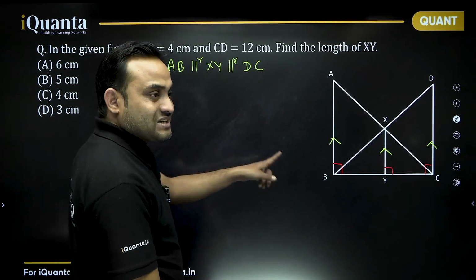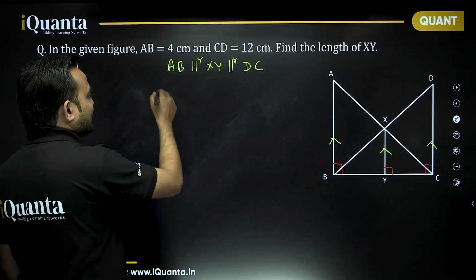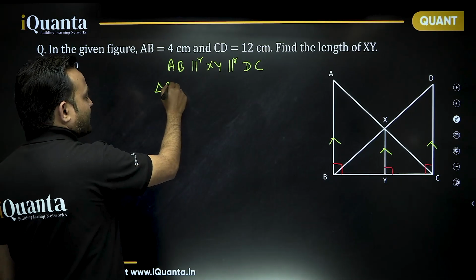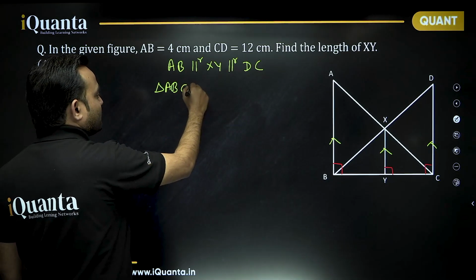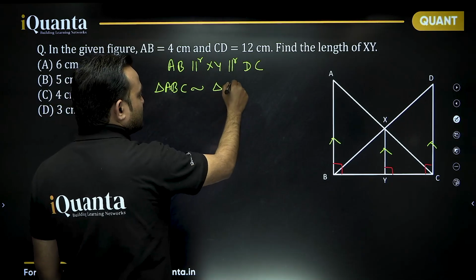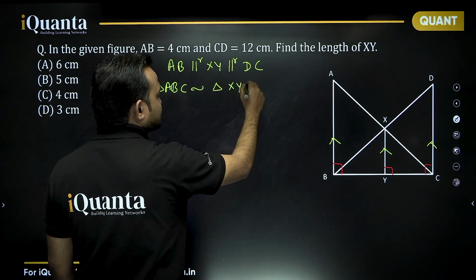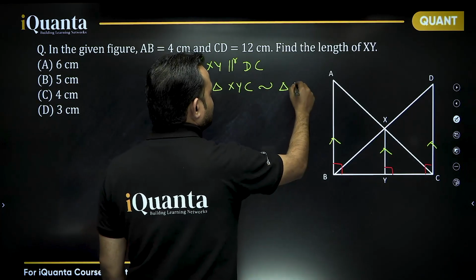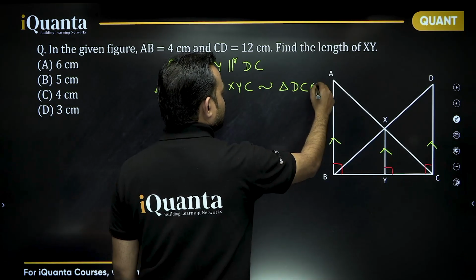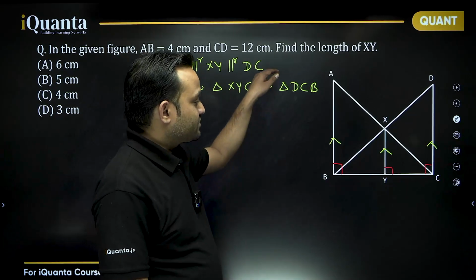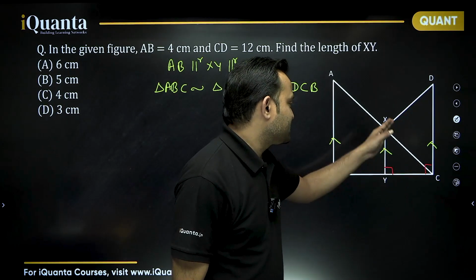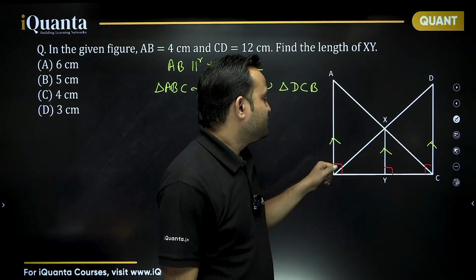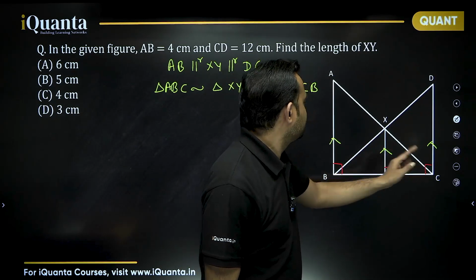Now, if these three are parallels, can we say that triangle ABC will be similar to triangle XYC, which is similar to triangle BDC?